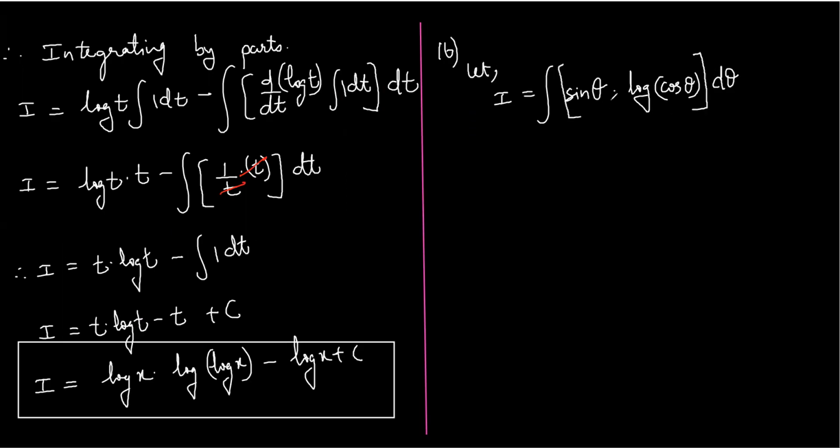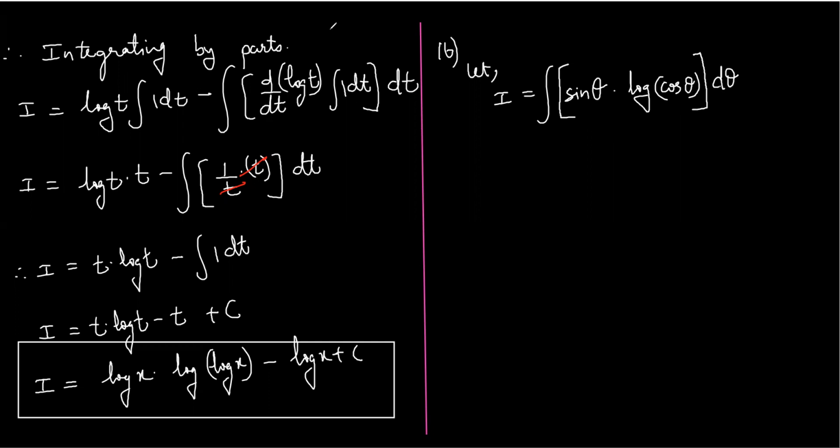Look at the integrand, the function that you want to integrate. This whole function is a function of theta, and we are integrating with respect to theta, so that is d theta.